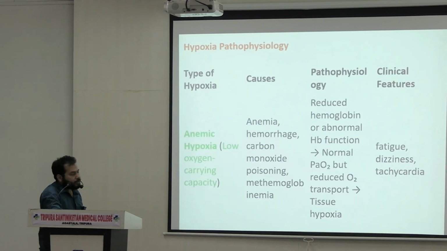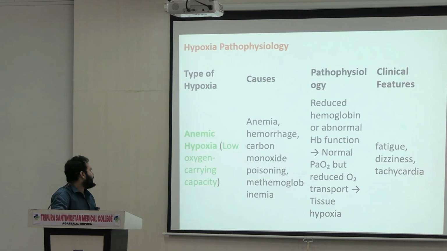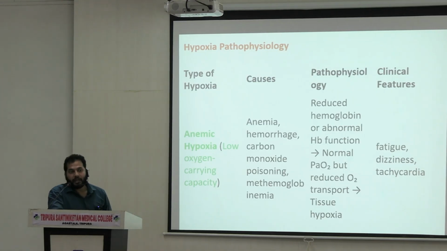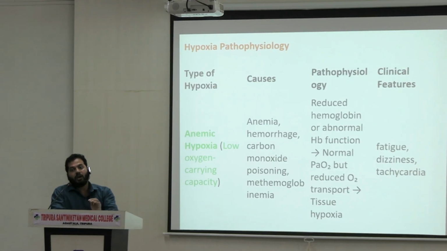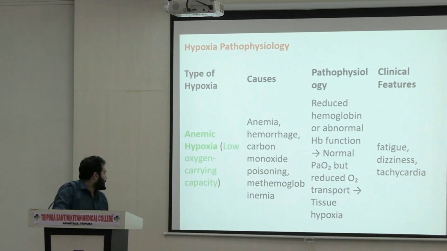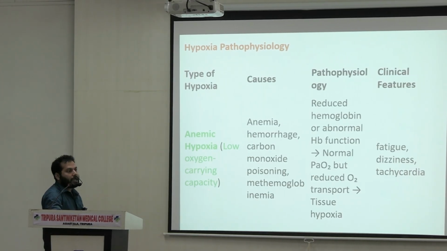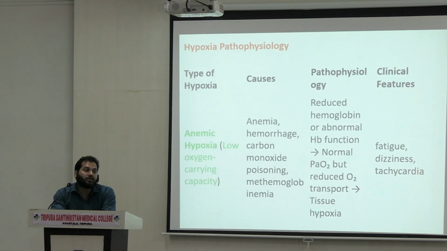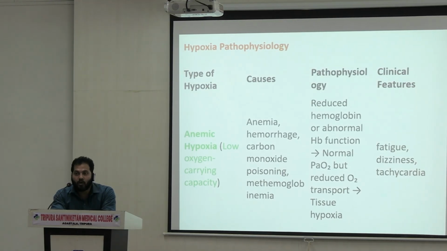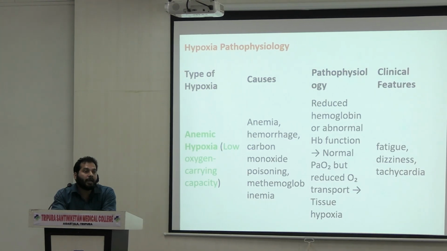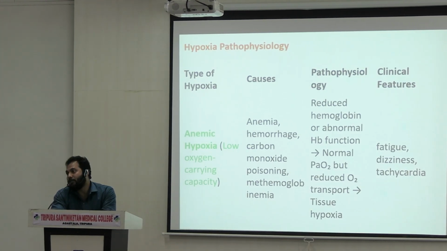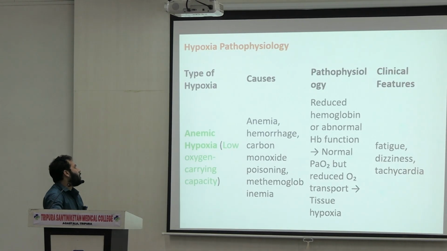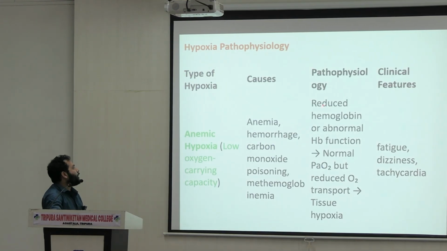Now see, in the second one, that is anemic hypoxia, the most important thing is low oxygen carrying capacity. In the previous case I mentioned there is a low partial pressure of oxygen, but here it is low oxygen carrying capacity. As you know, oxygen carrying capacity depends on the availability of a sufficient number of hemoglobin molecules and the availability of normal hemoglobin, because hemoglobin is the only molecule that carries oxygen. But in anemic hypoxia we see reduced hemoglobin.